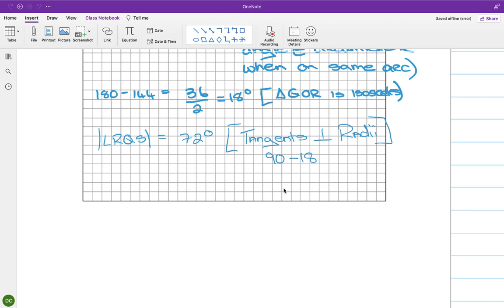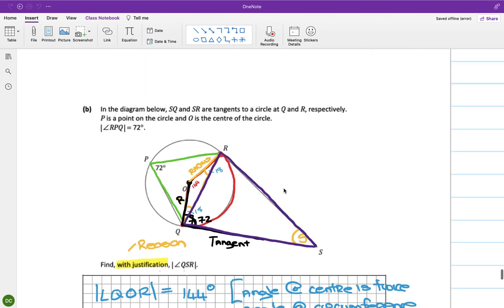Okay. Then the last step, I'll do it in purple. If you look at that purple triangle there, can you figure out what S is? 72 plus 72. Yeah, so this one over here is exactly the same. It's a tangent meeting a radius, so the angle is 90. We've already attributed 18 degrees of it, which means there's 72 degrees left.